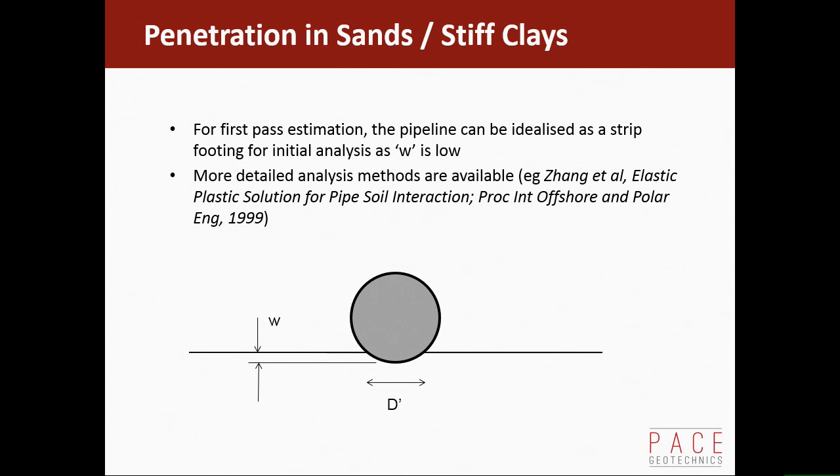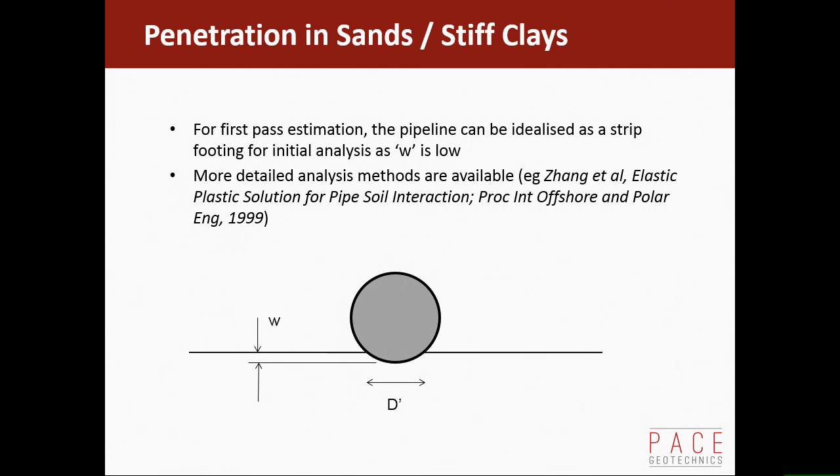But basically, as the width increases, your bearing capacity per linear metre of pipeline is increasing. So in a crude sort of way, on a hard seabed, it's a reasonable estimation to take that width as being the applicable contact width.